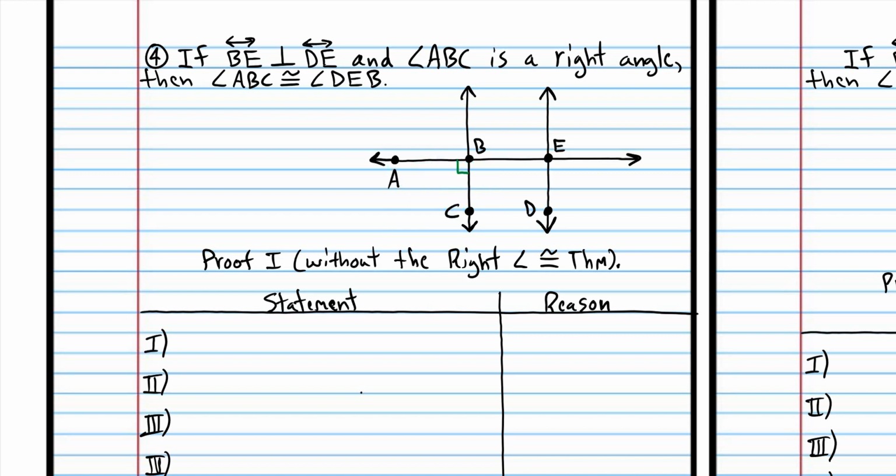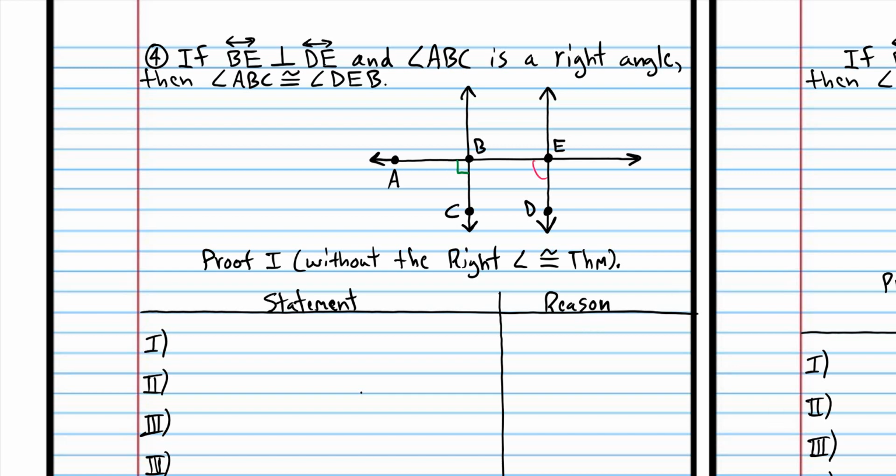Again, I just want to make sure that you understand what's going on here. We know that this line and this line are perpendicular, so all these angles are 90 degrees. They're all right angles because that's the definition of perpendicular. The intersection forms right angles. And we are also told that this is a right angle, which means that this is 90 degrees.